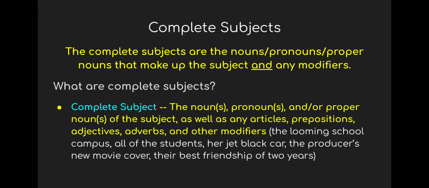Including any of the articles, prepositions, adjectives, adverbs, and any other modifiers. The looming school campus, all of the students, her jet black car, the producer's new movie cover, their best friendship of 2 years. Okay, those are all complete subjects that you might see in a sentence.